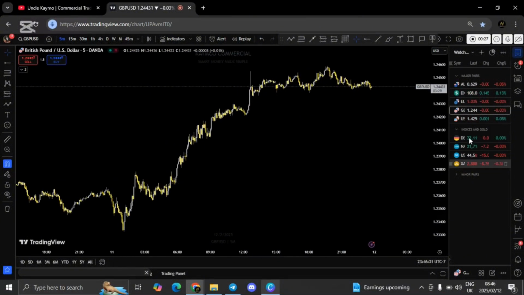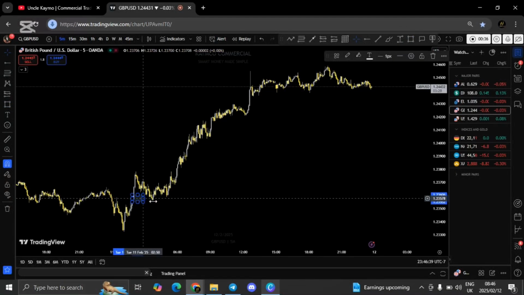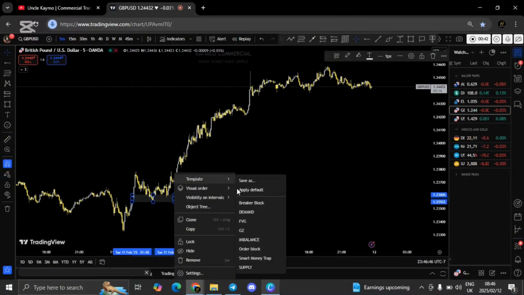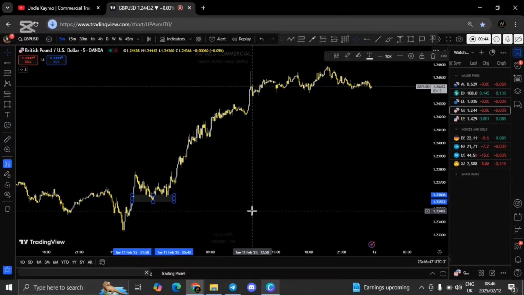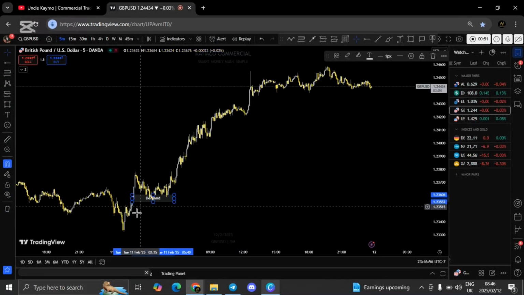So it actually took the demand zone that I said was not going to be mitigated, because this was in the premium section, at the premium price instead of going for discount, because you're going to take a buy from this zone.